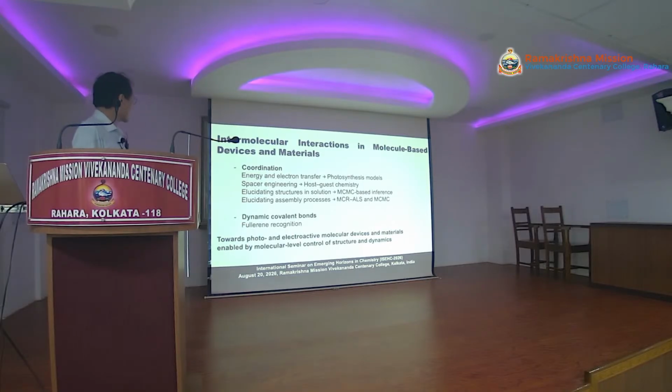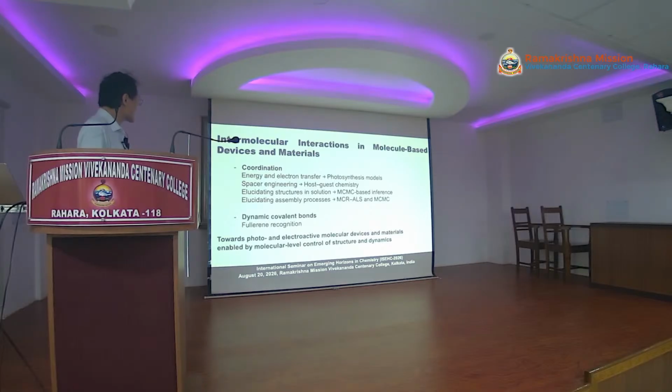The assemblies have properties not observed in individual molecules, like energy and electron transfer among porphyrins, which were photosynthetic models. And by changing spacers, designing spacers, we have developed into host-guest chemistry.